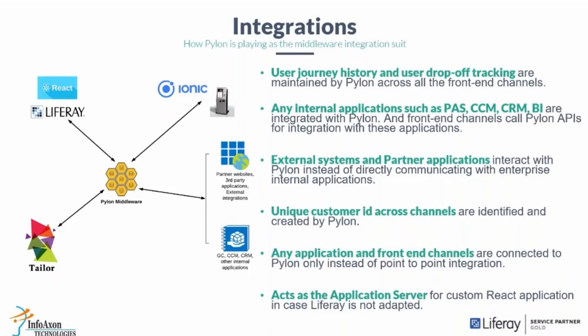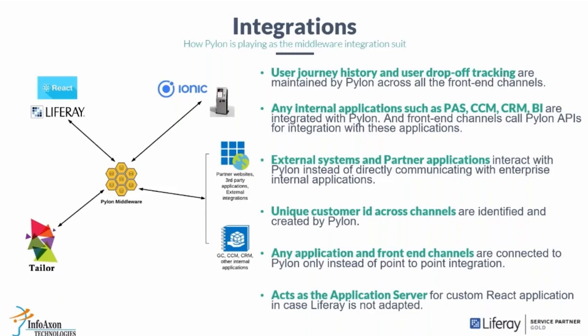For example, if Liferay or the mobile application needs some data from any of your backend systems like PAS or CRM system or CCM system, etc., they will invoke the Pylon APIs in order to pull data from those systems. Thus, the client application is actually unaware of the source system, hence making the whole platform fully decoupled.